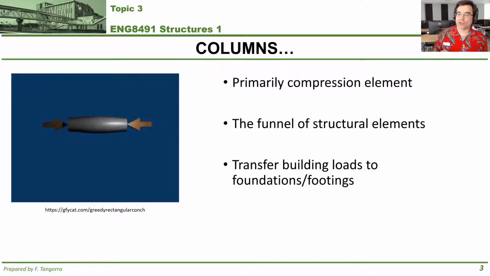And that column above in turn is supporting the floor or roof attached to it. But that column above is also supporting the column above it, and so on and so forth. So the further down a structure you are, the more that column is supporting, because not only is it supporting the floor attached to it, it's supporting the weight of all the columns and floors above it that are funneling down their way to that column.